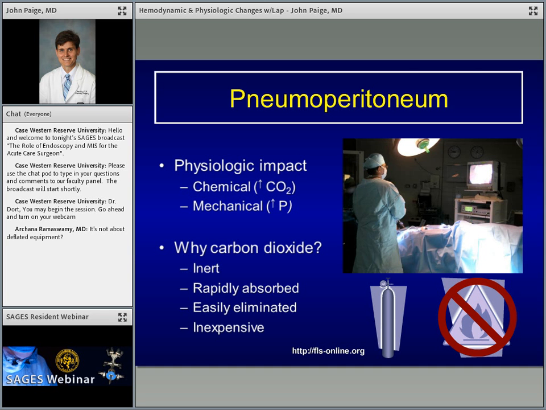The central nervous system impacts: when we increase the intra-abdominal pressure, we get an increase in the pressure on the inferior vena cava. Your lumbar spine has increased pressure, and then the plexus drainage is decreased.